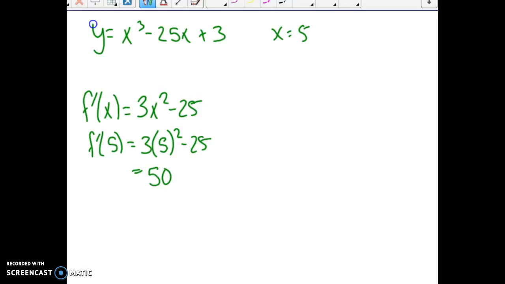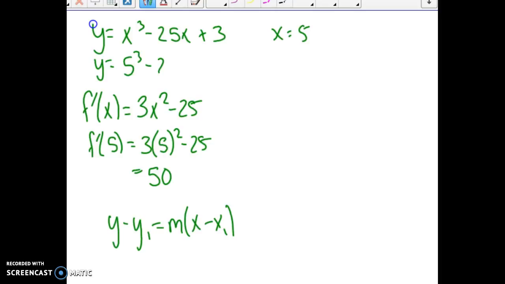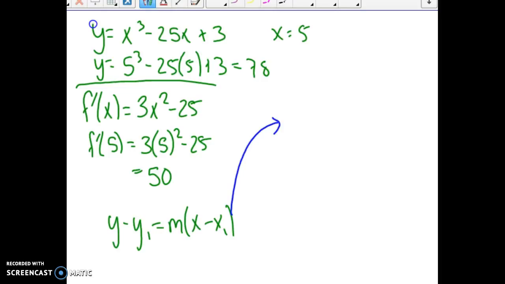Now, in order to use my famous formula, I need to find the y value. To find the y value, I simply plug in my x at that point, and then I get 5 cubed is 125, minus 50, plus 3 is 78. Using this formula, I plug in my values.